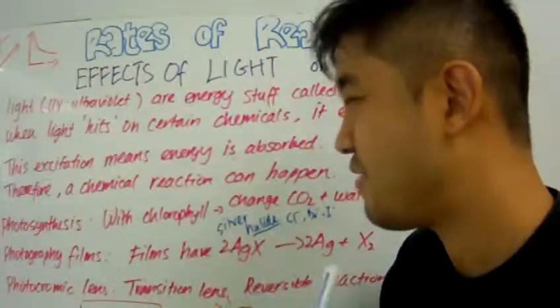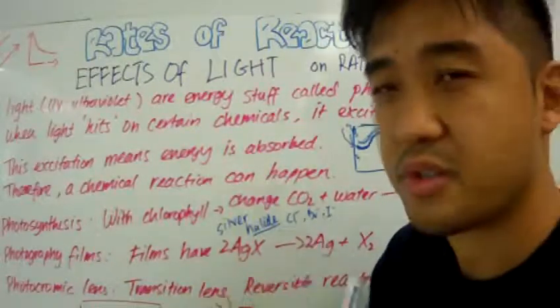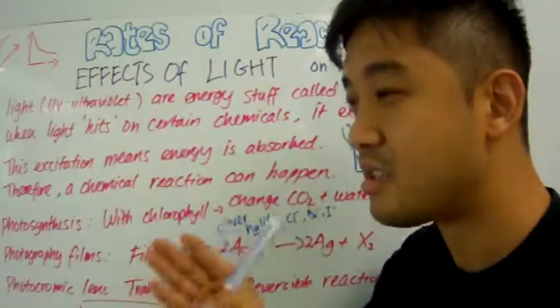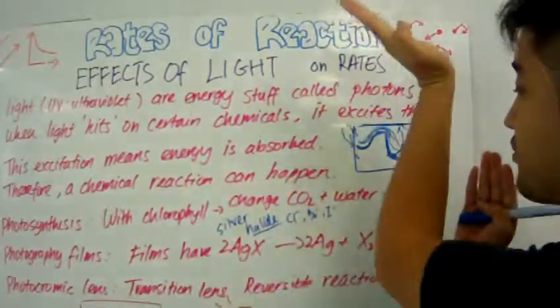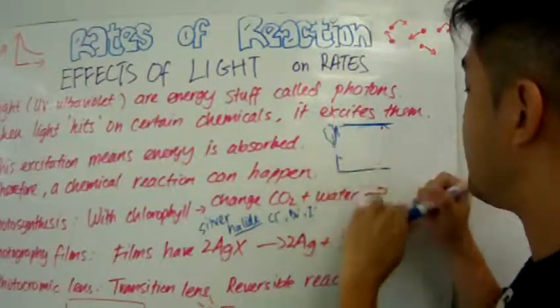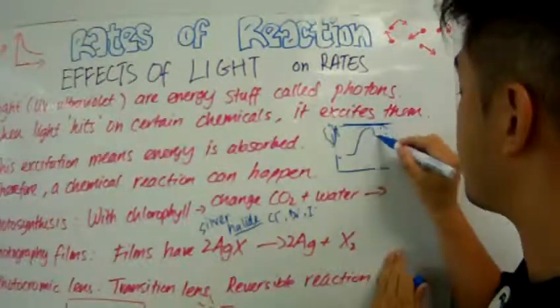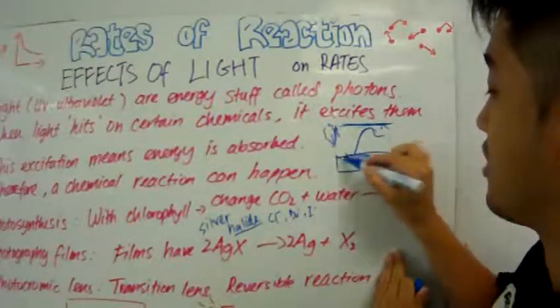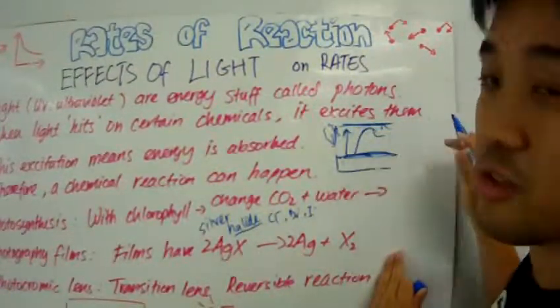We know this. Remember, photosynthesis is an endothermic reaction, which explains why you need light to overcome this high activation energy barrier. So you need light to change the energy from here to up here.